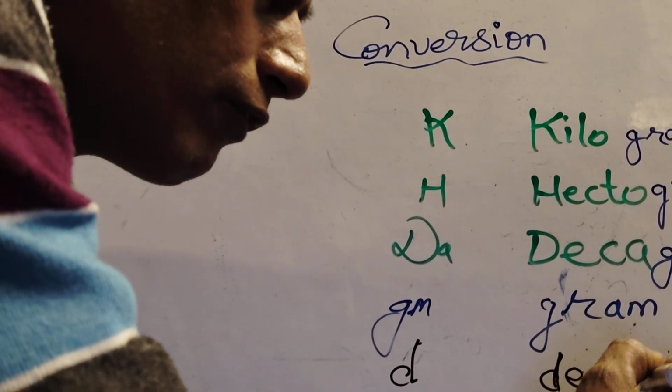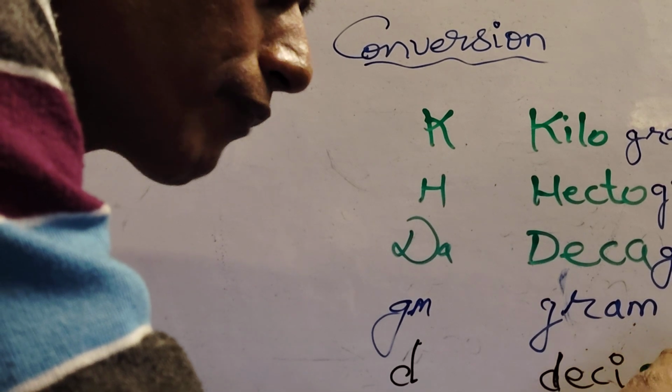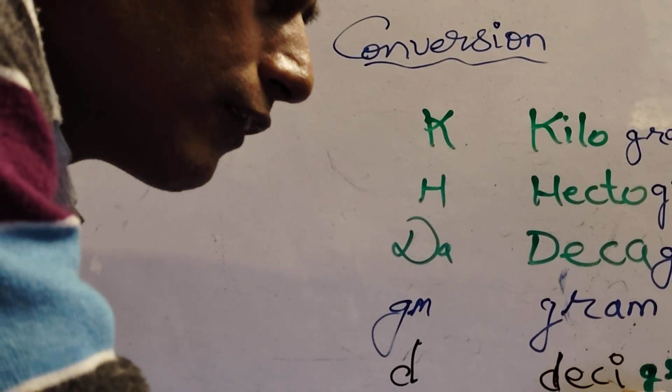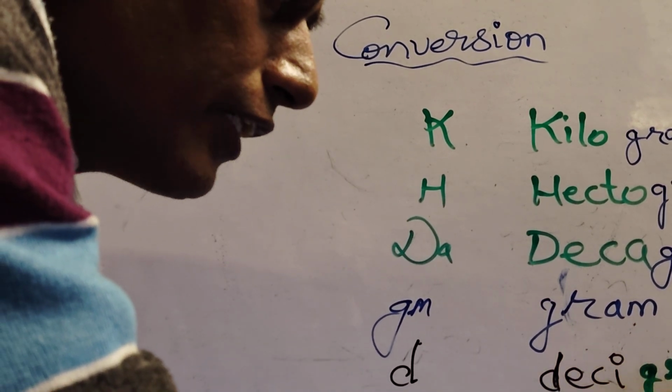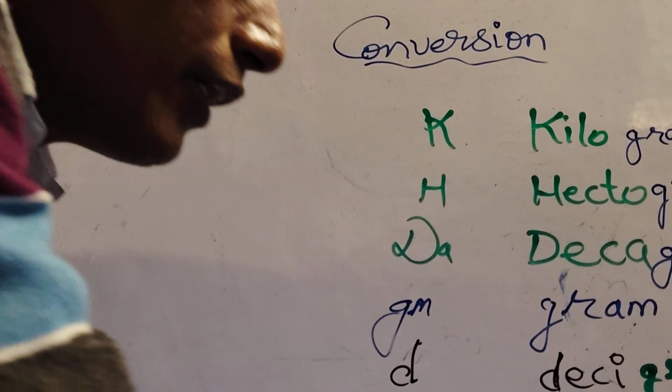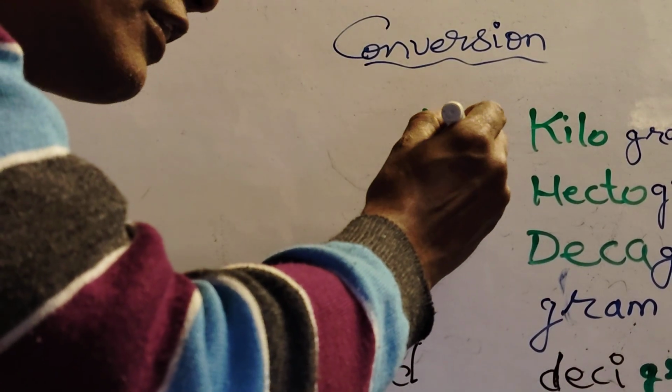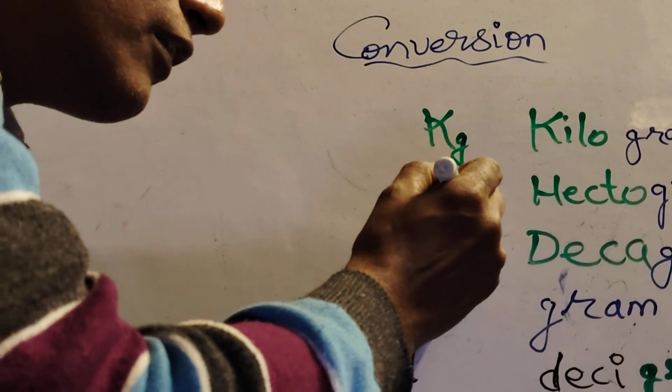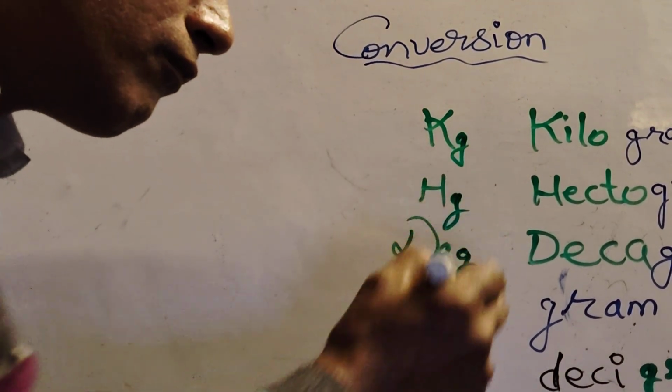These are also prefixes. So we add them with a word, that is gram, and here we write gm, kg, g for gram.